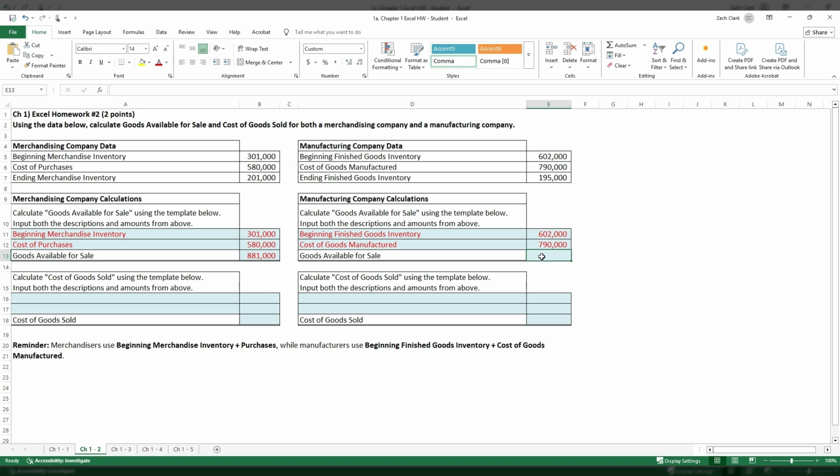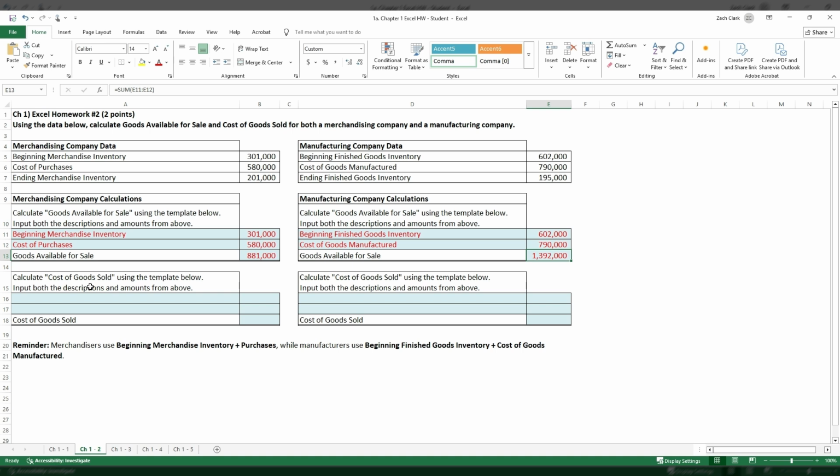I'm more than happy to help you practice your Excel skills and explain anything that might be unclear. And then I'm using the auto sum function here, so we're just doing a formula to add those together. Our whole pool, if you will, of inventory cost to sell is these amounts here.